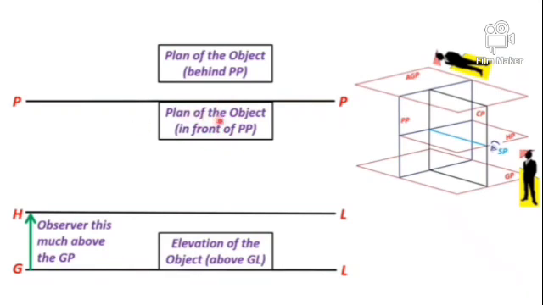The observer may be towards the left of the object, towards the right of the object, or right in front of the object. We know the central plane. This is your central plane. We know the central plane is passing through the station point. So to locate the distance of the station point from the object, draw the central line first.